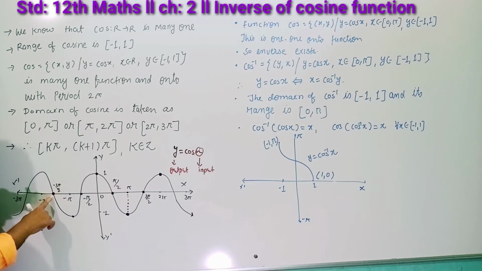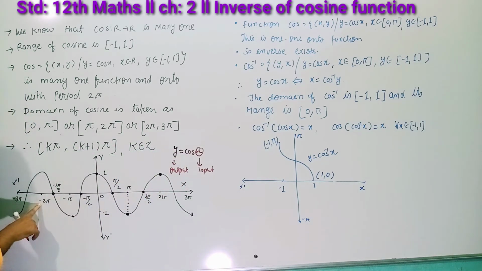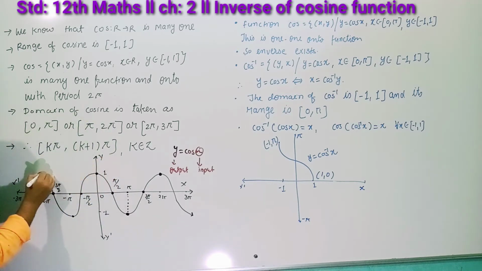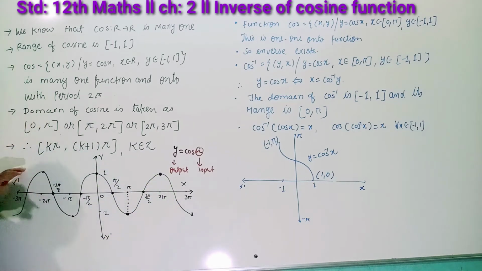And if you are putting x is equal to minus 2 pi, the value of y will be plus 1, so the point will be over here. Okay students, if we join these points together, we will get the graph.